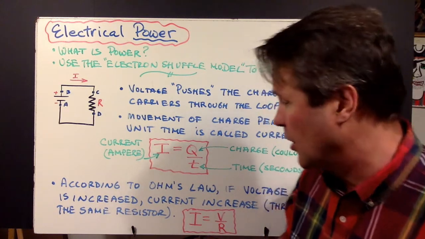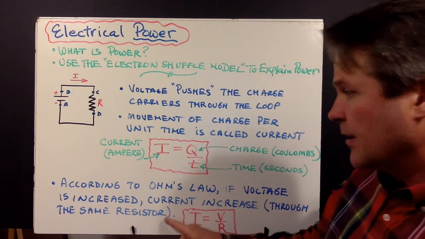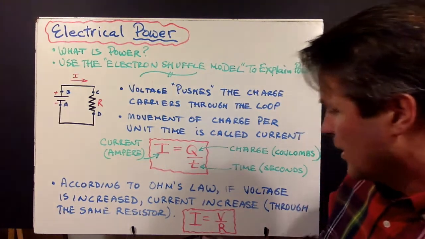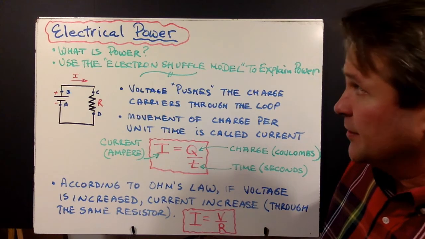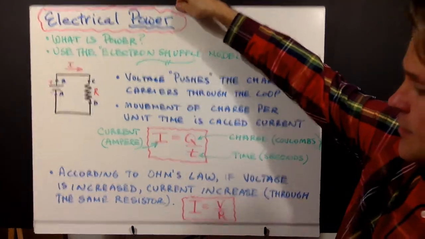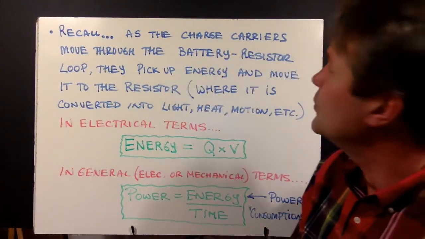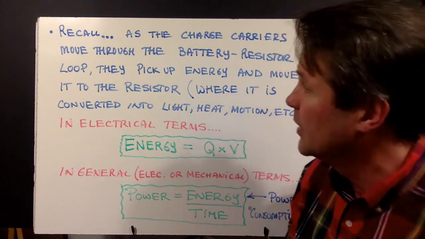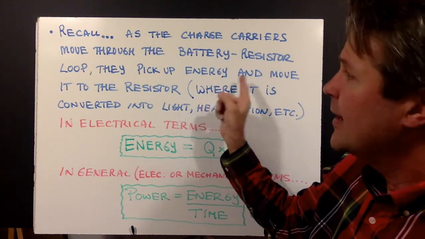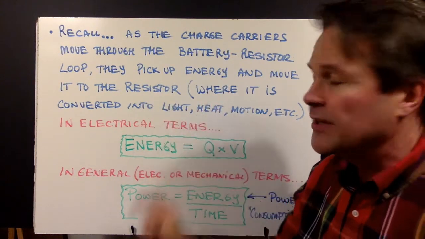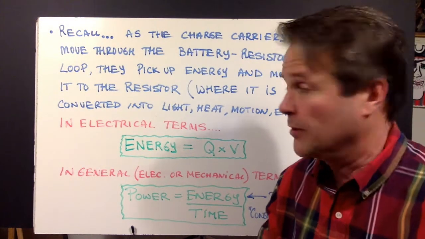Now, according to Ohm's law, if the voltage is increased, current increases through the same resistor. So current is equal to voltage divided by resistance. Now also recall that as the charge carriers move through the battery resistor loop that I showed you on the previous board, they pick up energy from the battery and move into the resistor where it is converted into light, heat, motion, or something similar.